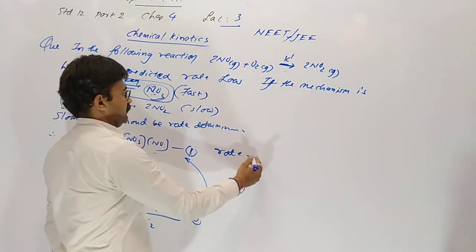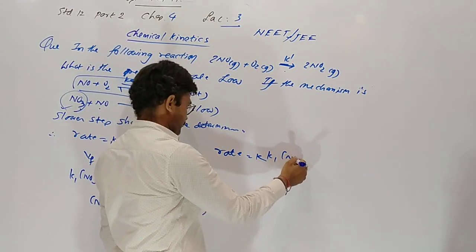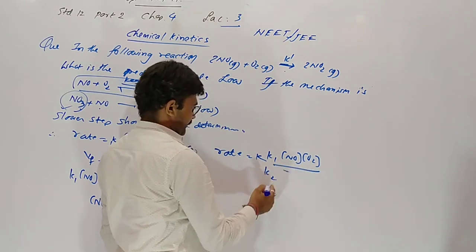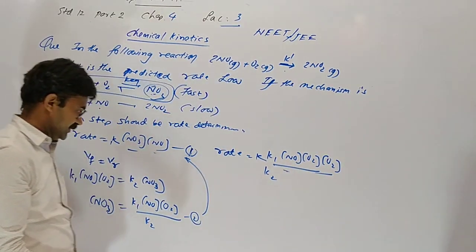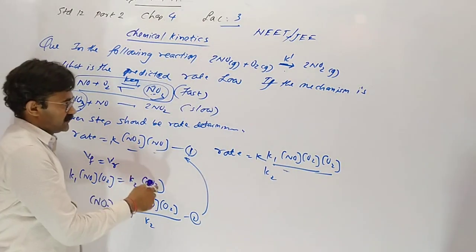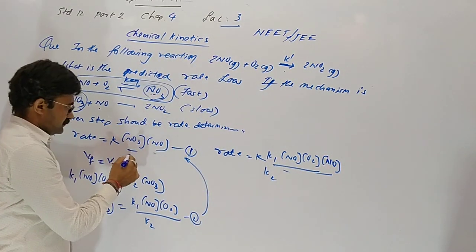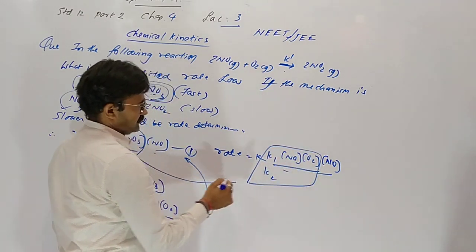So rate equal to K1 NO O2 upon K2, and NO is already there, instead of NO3 this value comes.